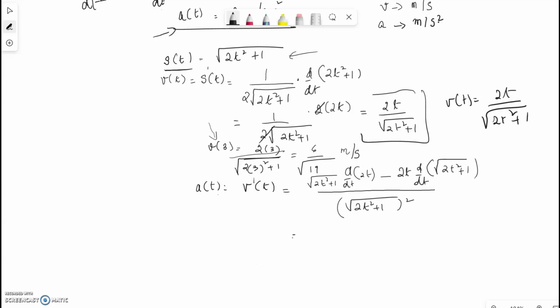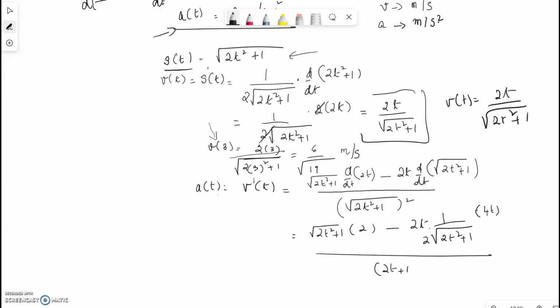So that is equal to square root of 2t squared plus 1 times 2 minus 2t times 1 over radical 2t squared plus 1 times d by dt of the inner function, which is equal to 4t, the whole divided by 2t squared plus 1.